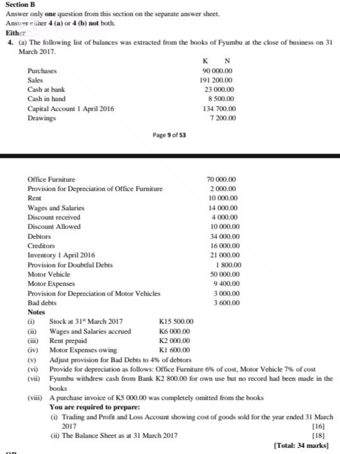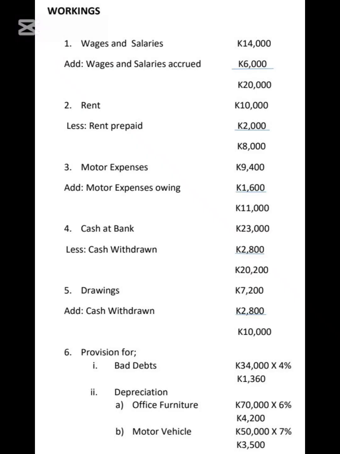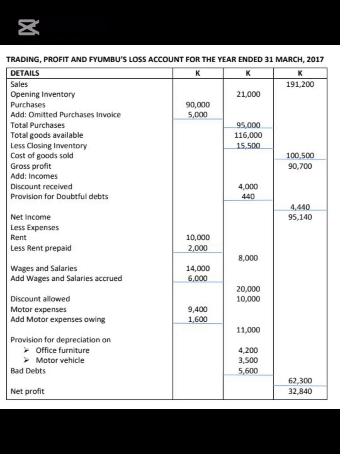Then in the list of balances, we have rent prepaid of 2,000 kwacha. So like I said, the prepaid is not supposed to be in this current accounting. It is supposed to be in the next year accounting period. So we need to remove it from the current accounting period. So we have rent 10,000 kwacha minus less rent prepaid. So we reduce 2,000 from the 10,000, giving us 80,000 kwacha.